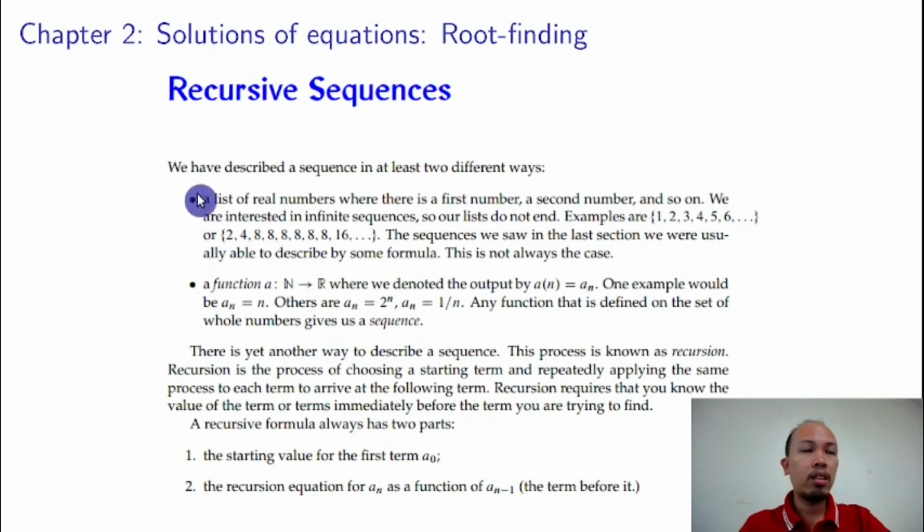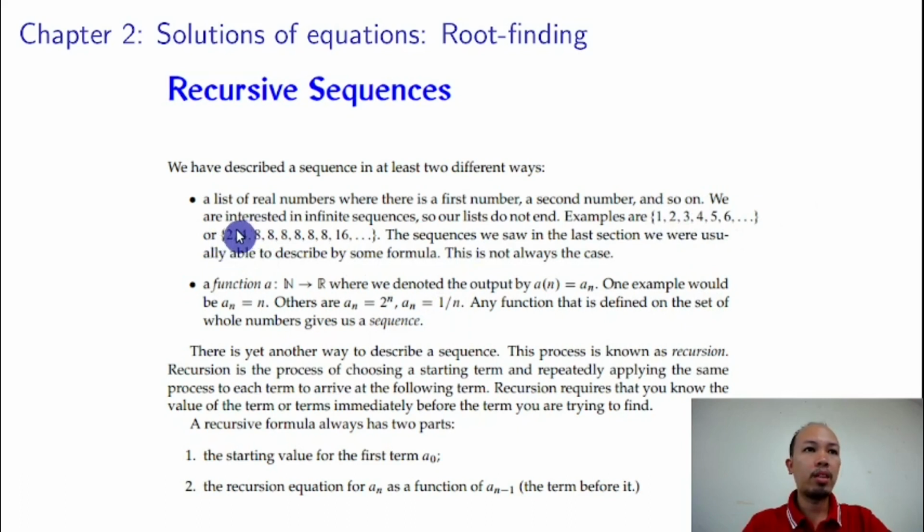In this slide, as you can see, there are at least two ways on how to describe a sequence. The first bullet says here, a list of real numbers where there is a first number and a second number and so on. We are interested in infinite sequences, so our list does not end. Examples are this one, 1, 2, 3, 4, and so on, counting numbers.